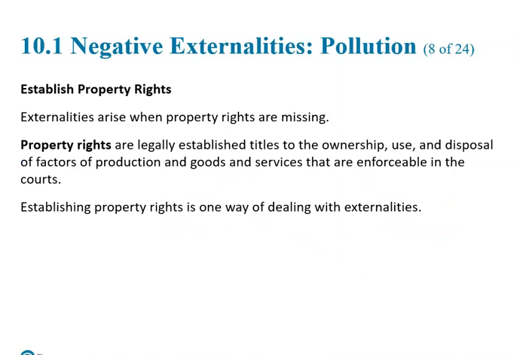So the first one is to establish property rights. Externalities will arise naturally, because whenever property rights are missing, externalities will naturally arise. Property rights can be described as legally established titles to the ownership, use, and disposal of factors of production and goods and services that are enforceable in the courts.